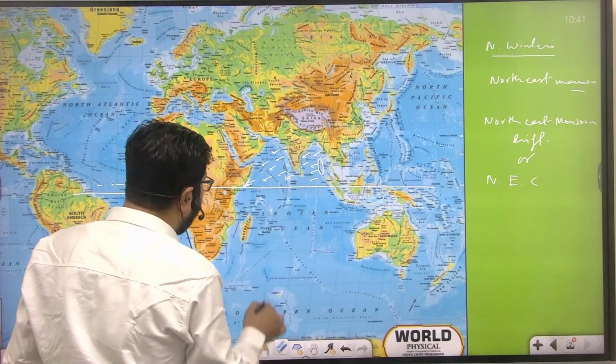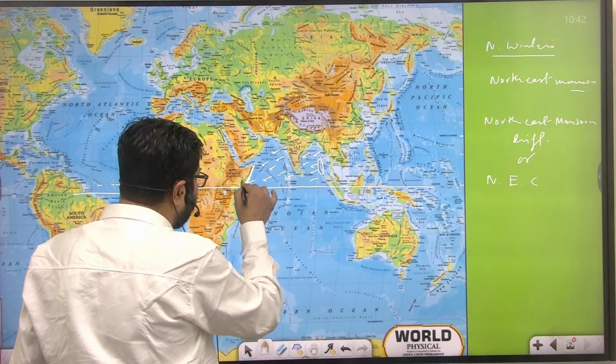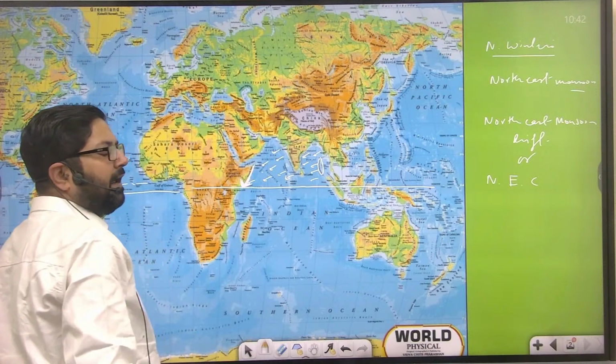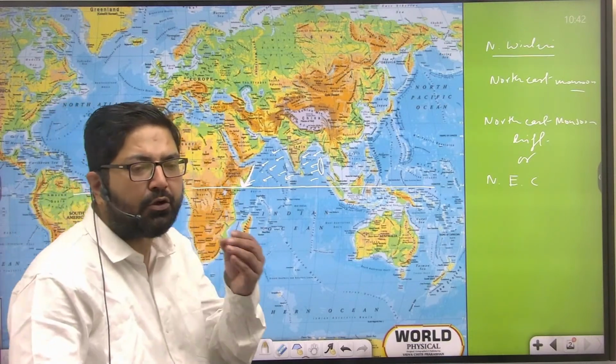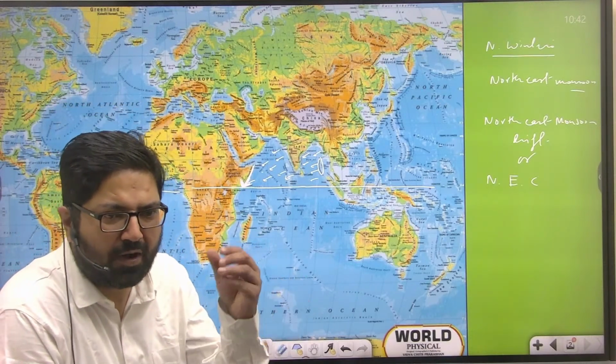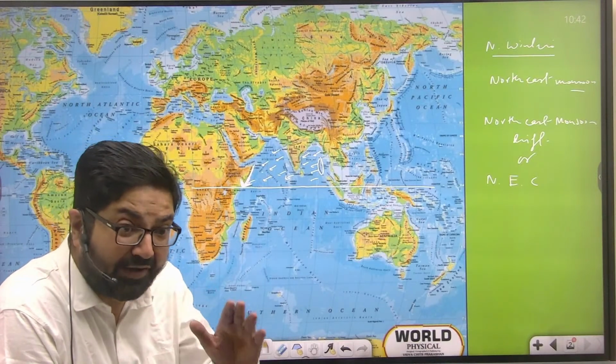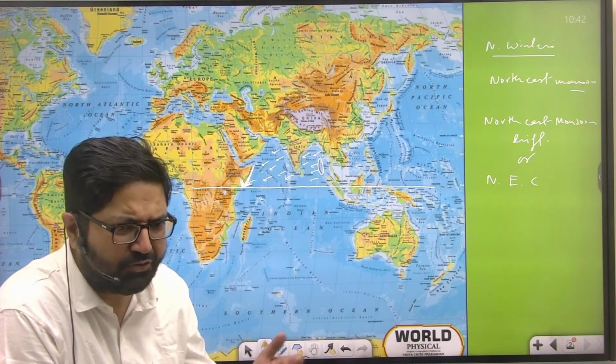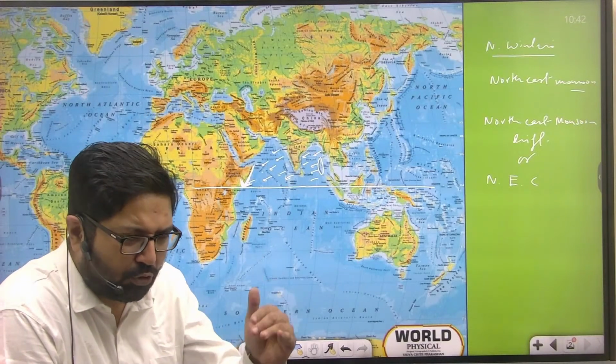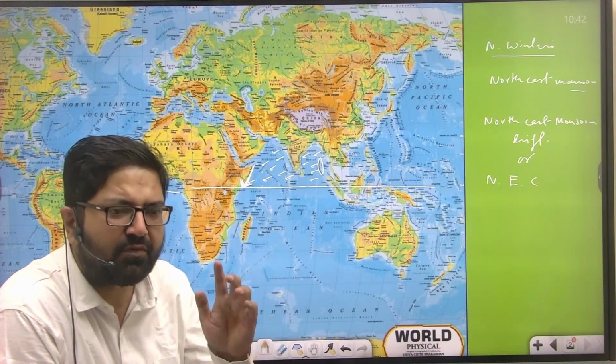Warm water piles up along the Somali coast, and the Somali current is a warm current during winters, although we do not give it that much importance.